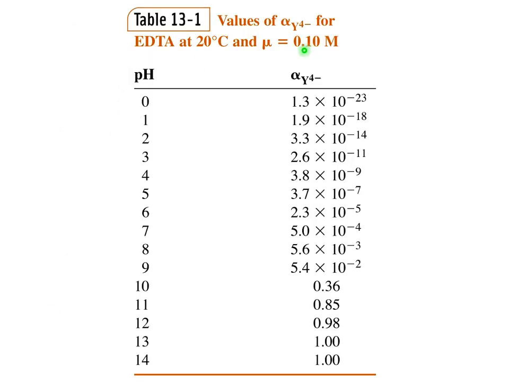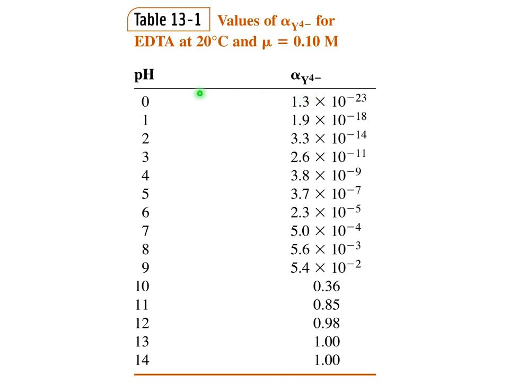Alternatively, you can use tables for the fraction of our most interesting 4 minus ion. You can see that at alkaline pH the fraction is 1 or very close to 1. Then at very acidic pH, the fraction is fantastically small.